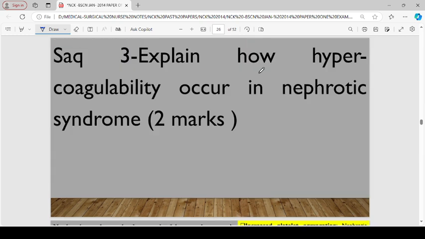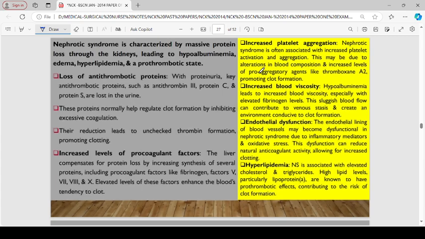Explain how hypercoagulability occurs in nephrotic syndrome. Remember, nephrotic syndrome is characterized by massive protein loss through the kidneys, leading to hypoalbuminemia, edema, hyperlipidemia, and a prothrombotic state. Generally we have the loss of antithrombotic proteins.